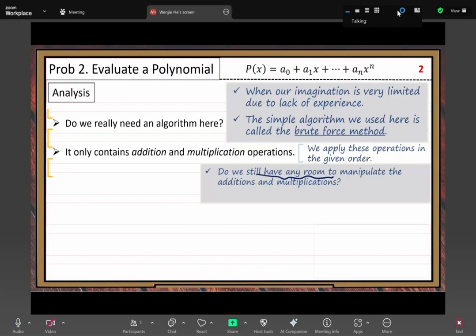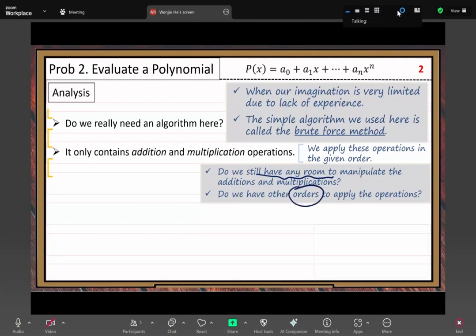Now, first let's study the brute force method. We want to study two operations, additions and multiplications. They are different. Here I talk about another important concept in problem solving.